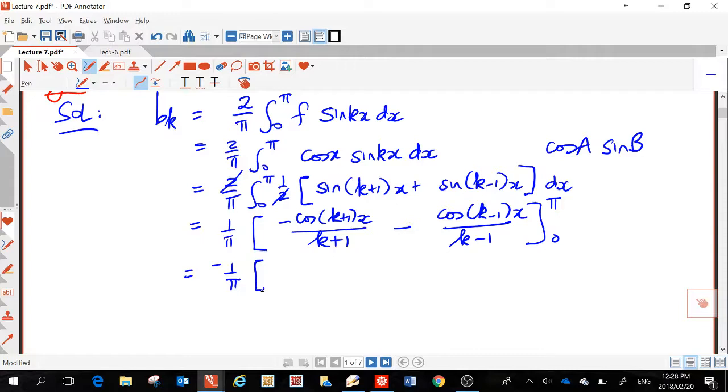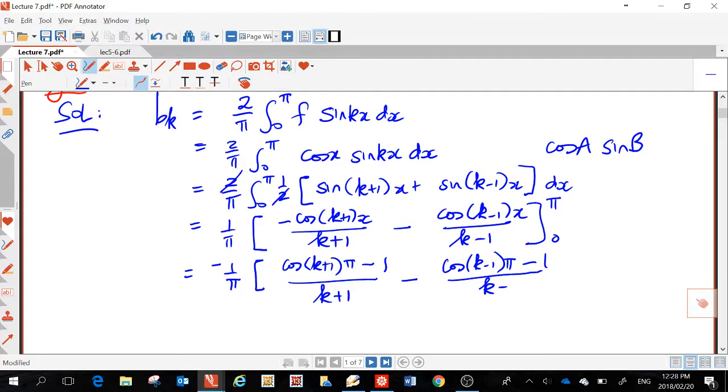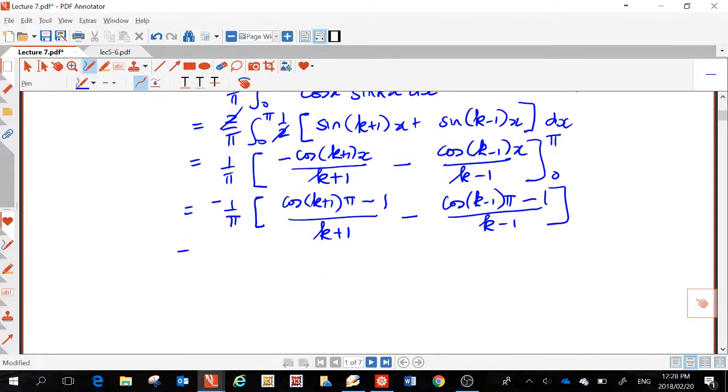So let's plug in pi. You'll have cos of k plus 1 pi minus cos 0, which is 1, over k plus 1, minus. Likewise, you'll have cos of k minus 1 pi, you substitute for x, minus 1, again this time over k minus 1. Then this can be written as minus 1 over pi, cos of k plus 1 pi.